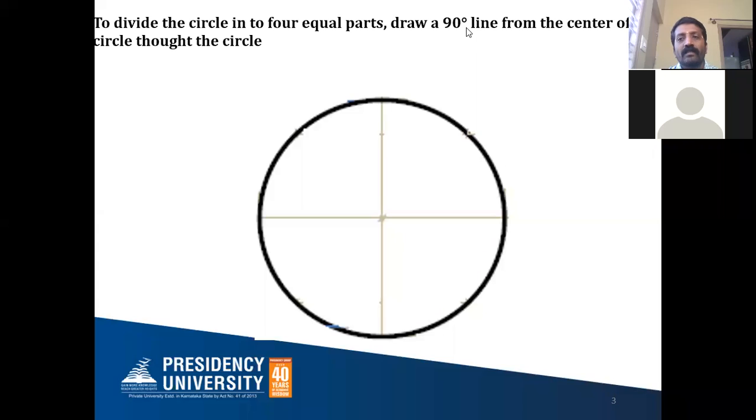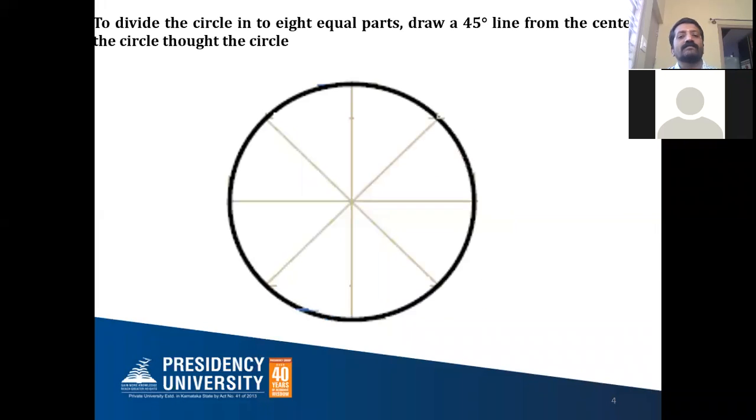The circle can be divided into 8 equal parts by drawing 45 degree lines passing through the center of the circle like this. Now how many points are you getting? 1, 2, 3, 4, 5, 6, 7, 8. So for our convenience, I am dividing the circle into 8 equal parts.